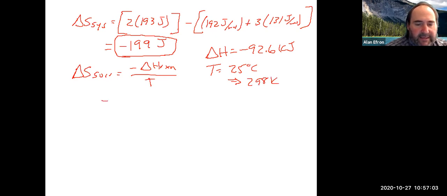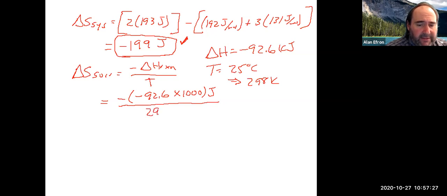Now I have everything I need, so I'm going to put it in here, minus our minus 92.6. I'm going to multiply it by 1,000, and the reason is that's going to convert me into joules, because this guy's in joules. That way I have everybody in the same units. You don't have to do that. You can leave it in kilojoules, but at some point you'll need to convert something.